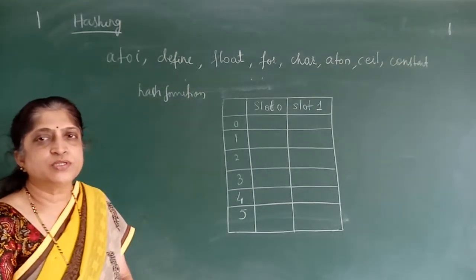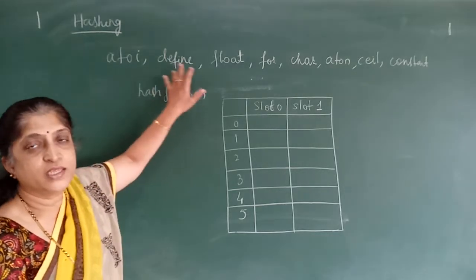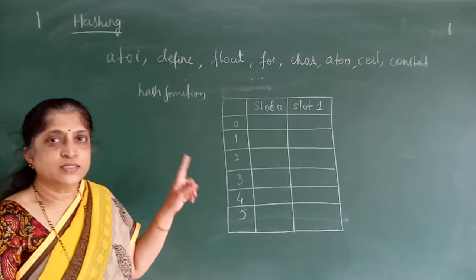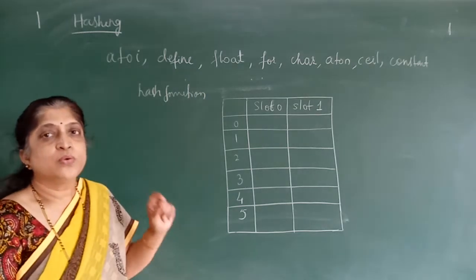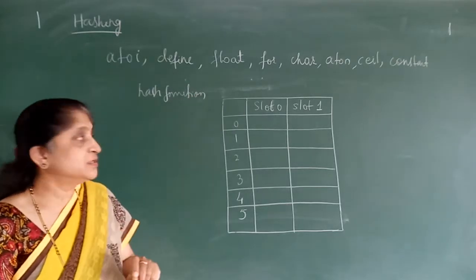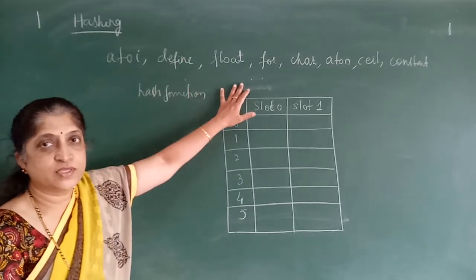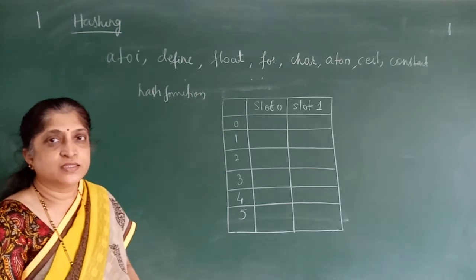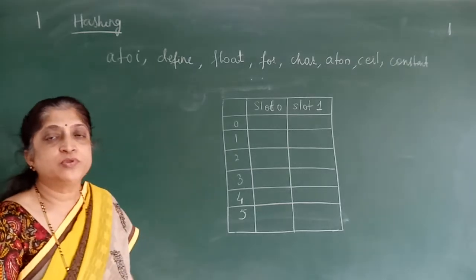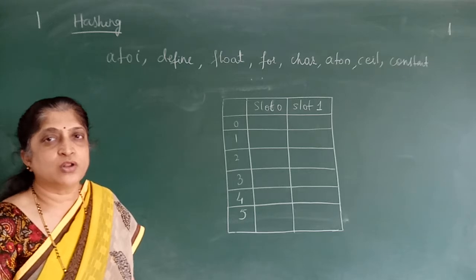The hash function should define a key uniquely for each one of them. As a simple example, in this particular example, we consider the first letter of these reserved words as the key, and we will map those keys to the numerical values of the alphabets.